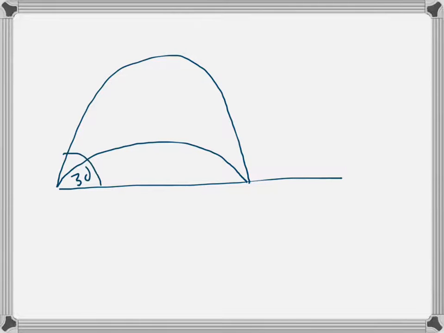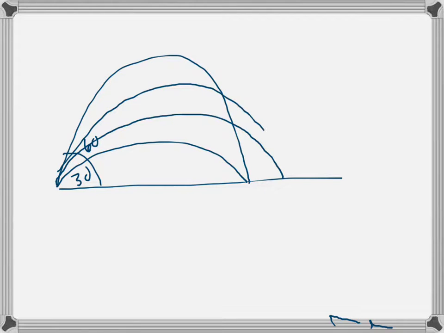And this one is all the way at 60. If I shoot at like 40 and 50, 40 is going to go like this, and it's going to come out, and it's going to actually go a little farther. If I shoot at 50, it's going to come up here like this, and it's going to come to the exact same range. This is going to be 40 and 50, but they're going farther.